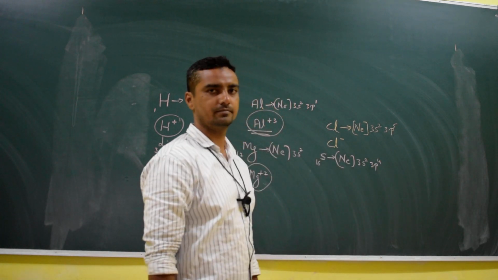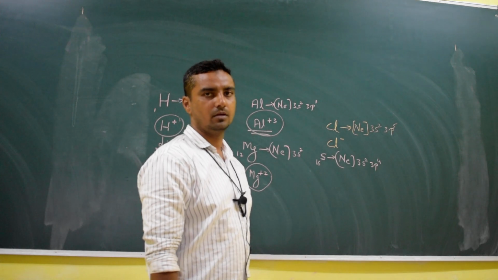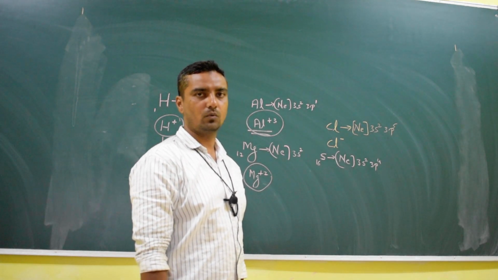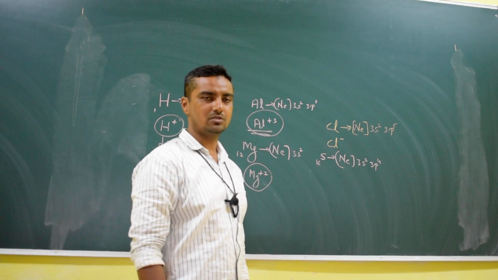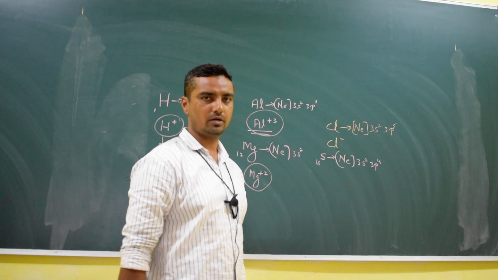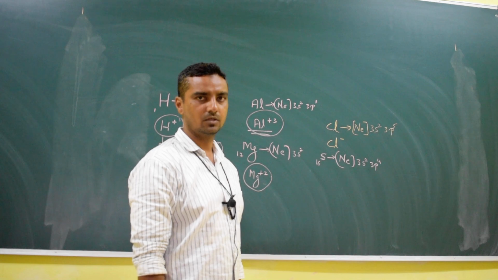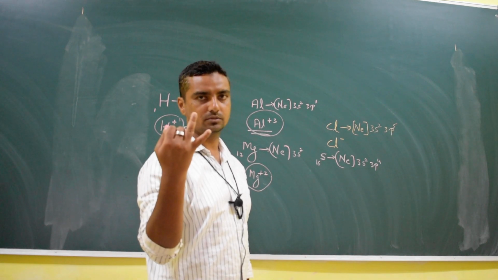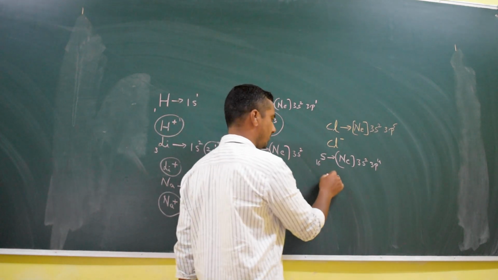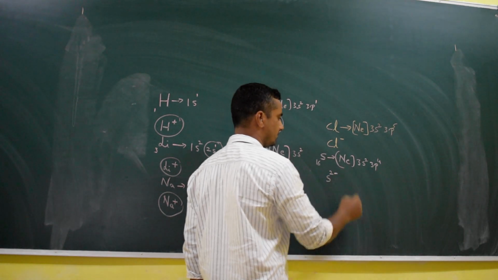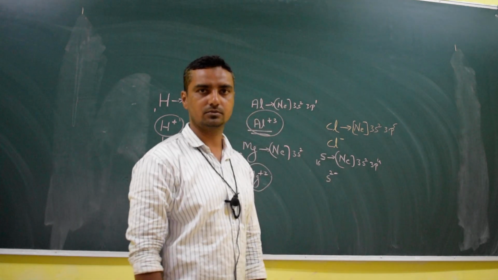It's 16. To become stable, or to acquire the configuration of argon, because argon is nearer to stable, to get the stability, the sulfur atom requires 2 electrons. So that's why it will become S minus 2 after gaining the 2 electrons, right?